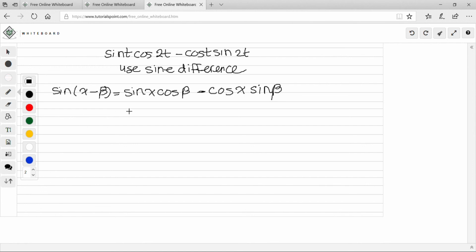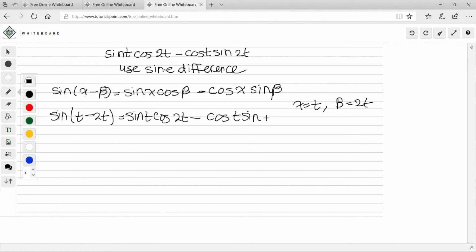So we could say alpha is t and beta is 2t. That's like saying sine of t minus 2t equals sine of t cosine of 2t minus cosine of t times sine of 2t.